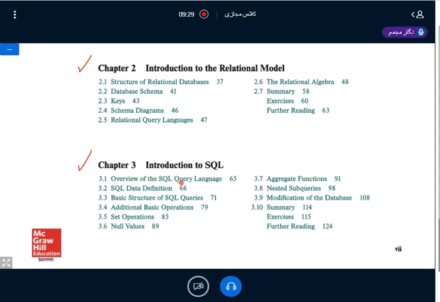All of the databases, DB2, Oracle, SQL Server, Postgres, MongoDB, any databases work with the SQL query language. So in this chapter, we become familiar with this language.